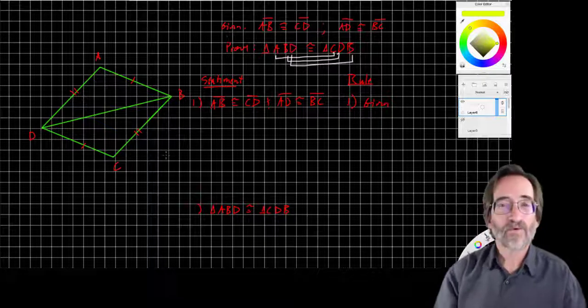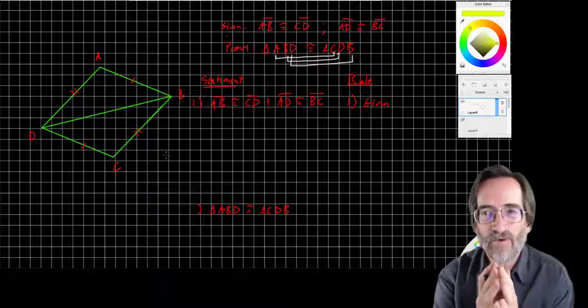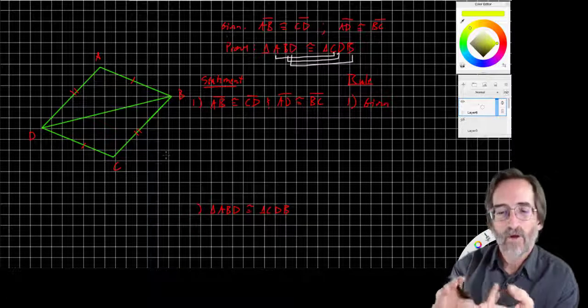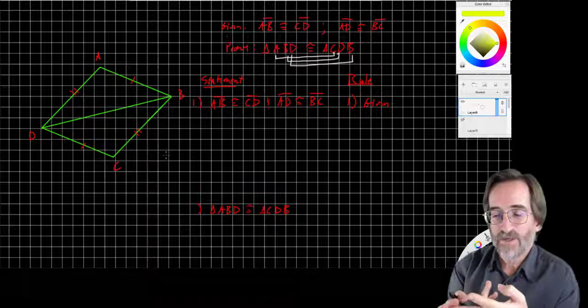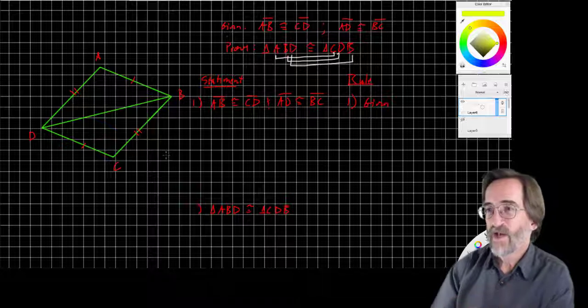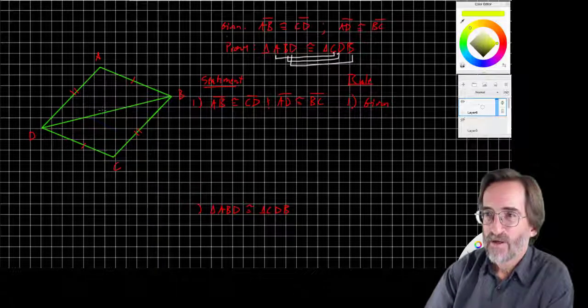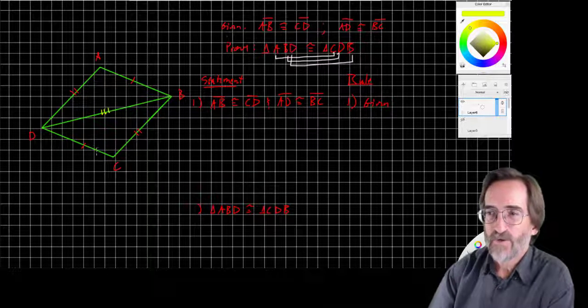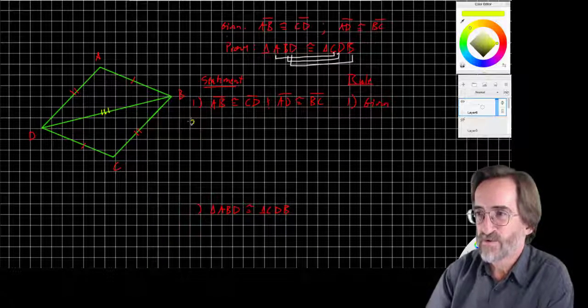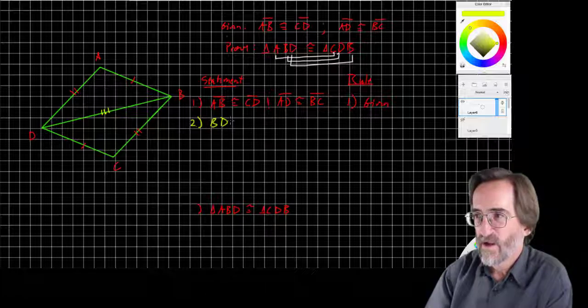Okay, look for one of the two rules I mentioned before, either the bow tie principle, which is the vertical angle theorem, or the Siamese twin rule, which is the reflexive property, shared parts. Now, if you look at it, this has shared parts. This side is shared between both triangles, and anything is congruent to itself. So 2, we're going to say BD is congruent to DB.